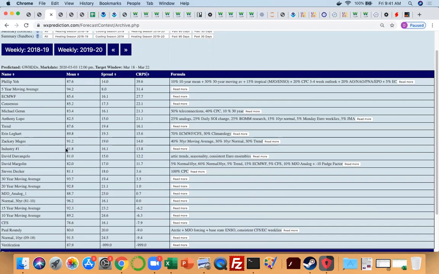The 30-year average was 96, and the 10-year average was 91. So it was a little bit warmer again than the 30 and 10-year averages. And Philip almost had a perfect score there, at least in terms of his mean forecast. Looks like the EC also did okay there. Industry, Dave, the two Daves there, slightly above.